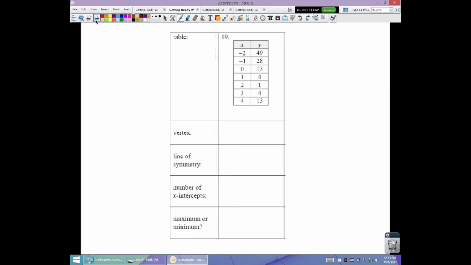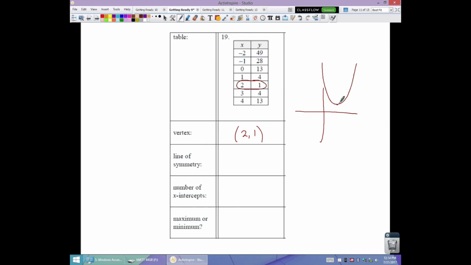Okay, number 19. Looking for symmetry around a point, we're going decreasing, decreasing, decreasing, and then it starts to go back up. So our vertex is at 2, 1. Since those values around the 1 are increasing, they're going up, this graph must look like this.